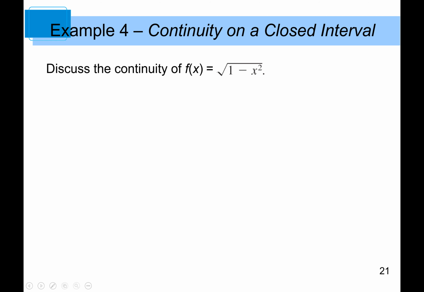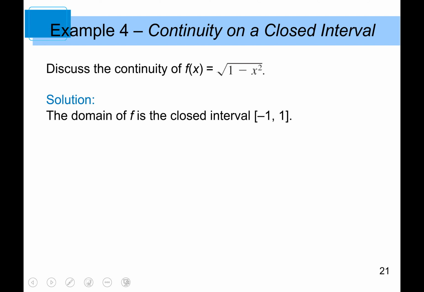Let's discuss the discontinuity of f of x equals the square root of 1 minus x squared. The domain of this f is the closed interval -1 to 1. It's very easy, right? 1 minus x squared must be greater than or equal to 0.